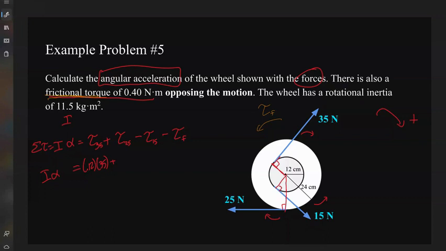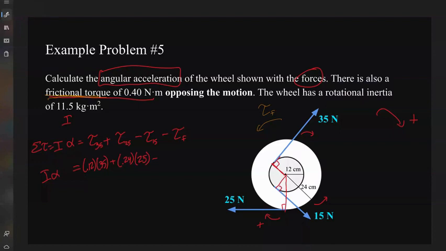Okay, so then the 25, we have a radius of 0.24. Oh, so this force is twice as powerful as the other forces because it's twice as far. That one will also help us to ensure that clockwise is positive because it's twice the amount of torque as an equal force on that inside circle.